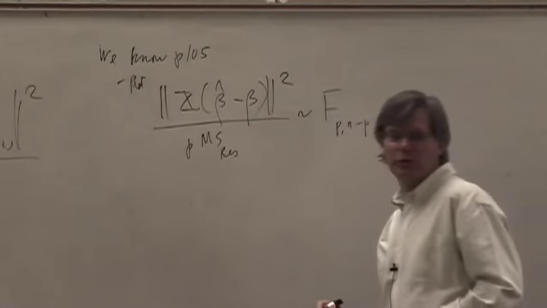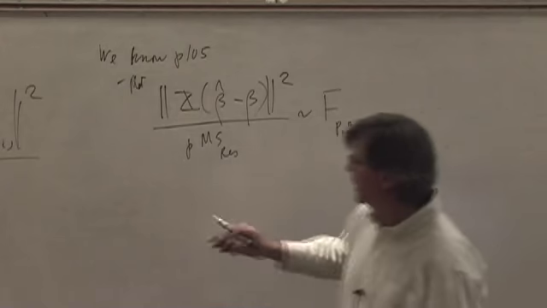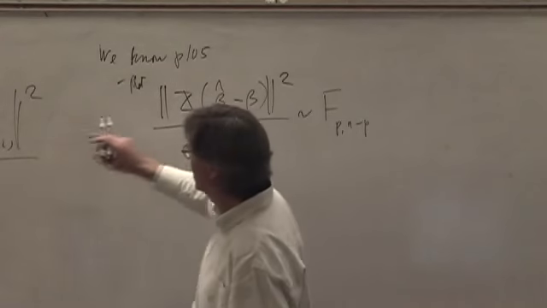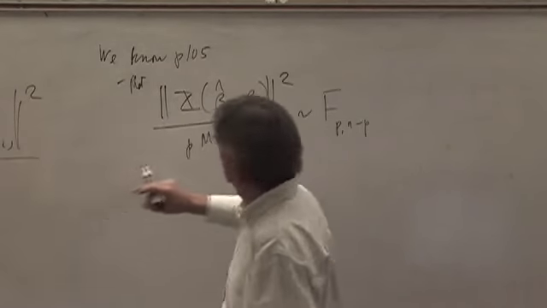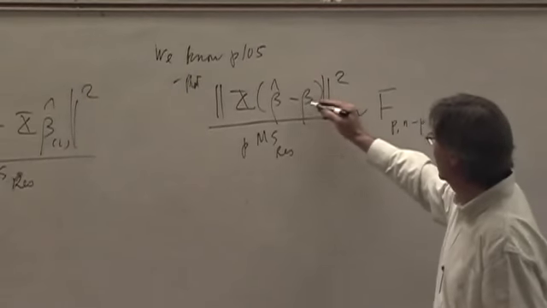We didn't go through the distribution theory to prove it. So it's the same thing. All I'm doing is replacing the beta hat sub i by the beta. So this is the actual vector of parameters.